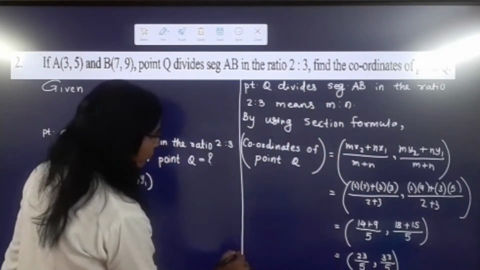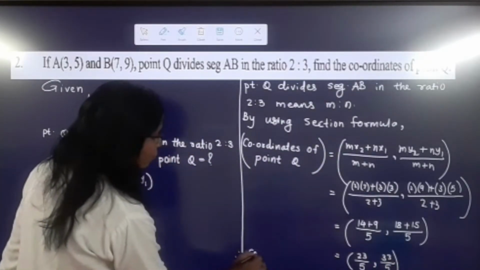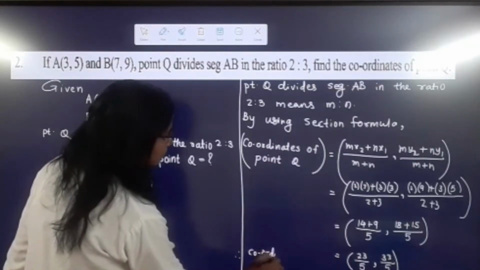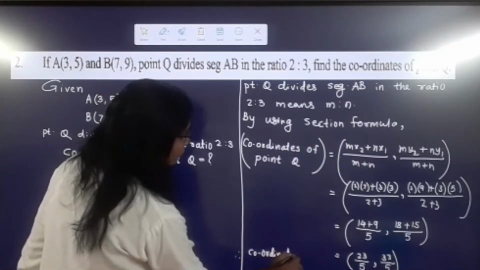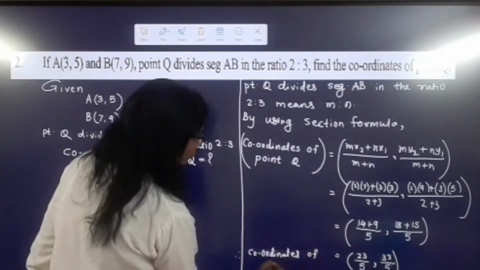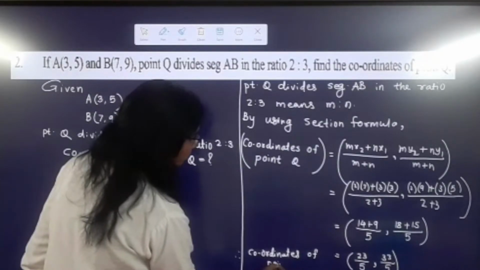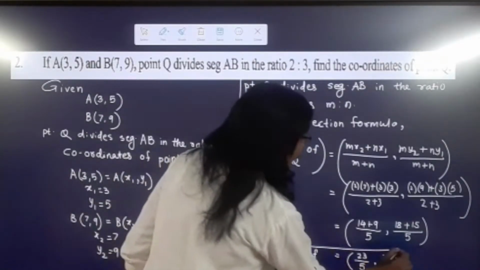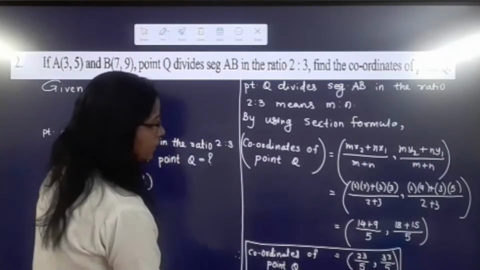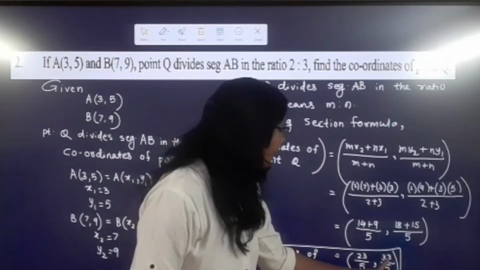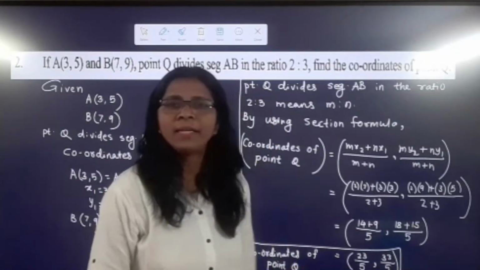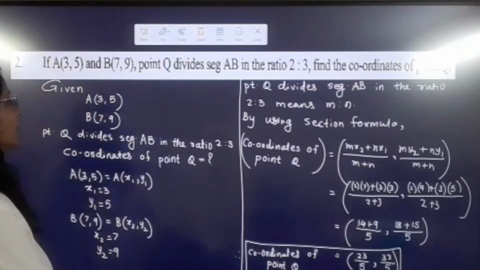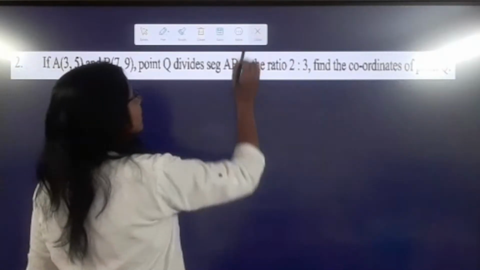Therefore, the coordinates of point Q are 23 upon 5 and 33 upon 5. Okay, students? Then next example.